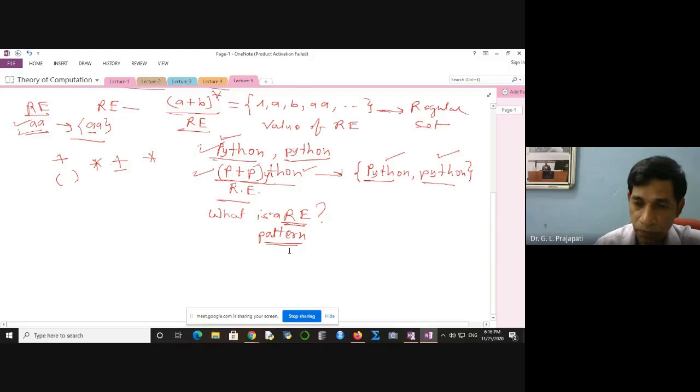Regular expressions are also used in data processing. Whenever you go for data cleaning, you can use the regular expression.